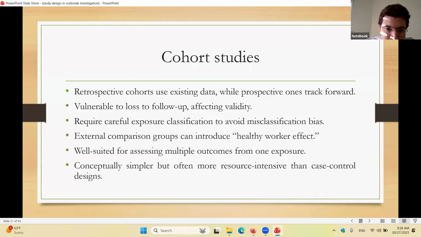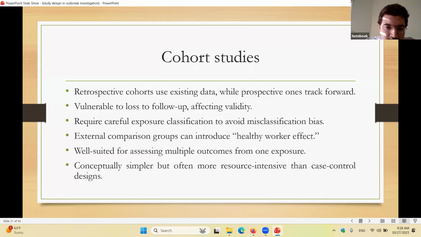Well suited for assessing multiple outcomes from one exposure. As I mentioned, it is a beneficial point of cohort studies that you can investigate multiple outcomes from one exposure.